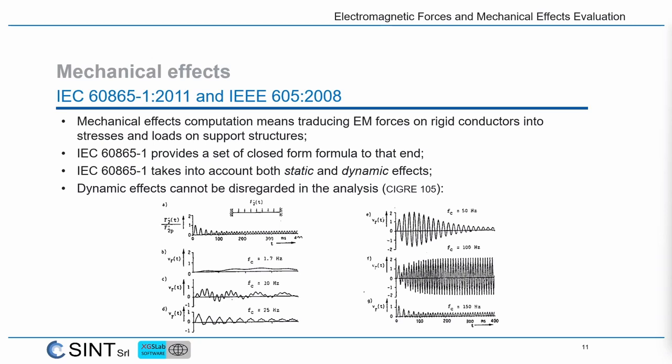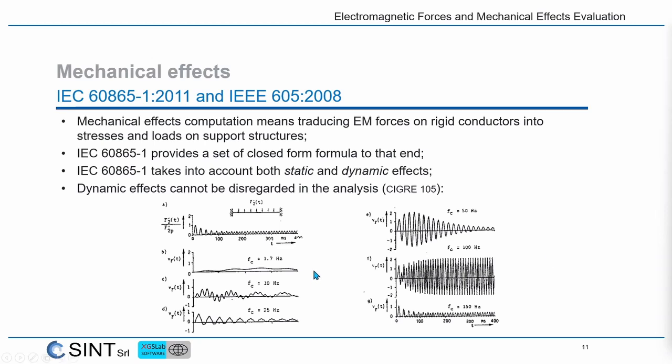In fact, by consulting, for instance, the CIGRE 105, it is very important to always keep in mind that the dynamic effects have an important impact on the final outcome of the calculation.